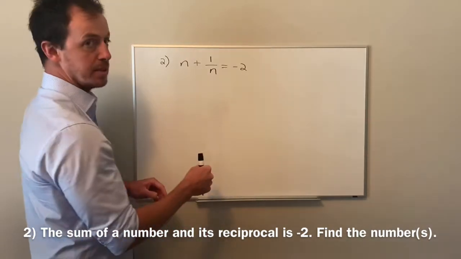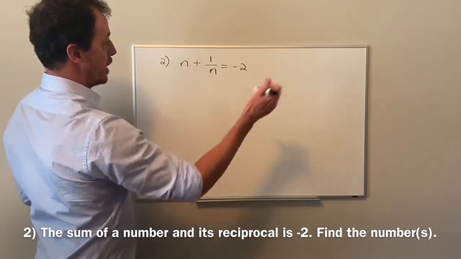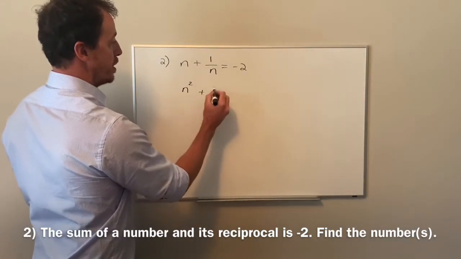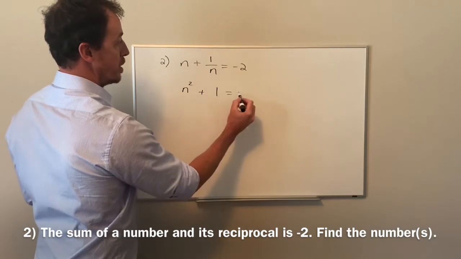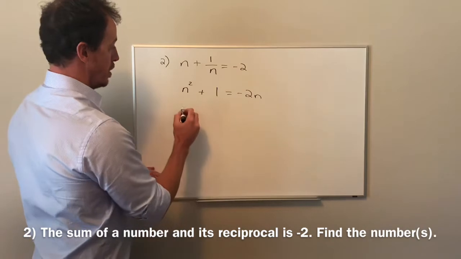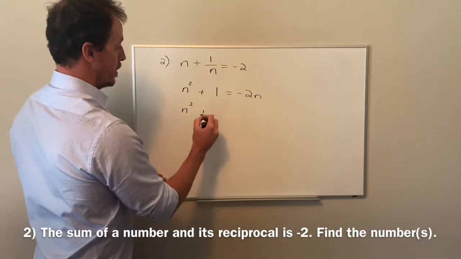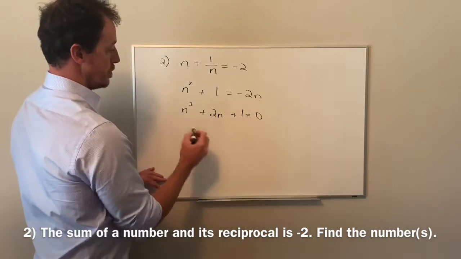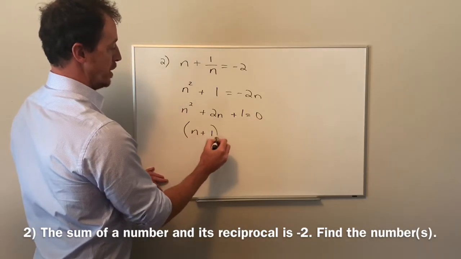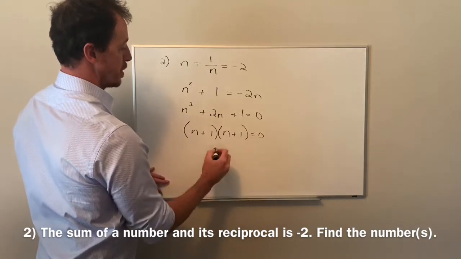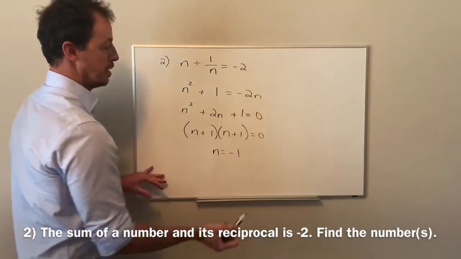And so now I'm just going to do the same thing that I did on that last one. I'm going to multiply everything by n. When I do that, that becomes n squared. That just becomes 1. That becomes -2n. Now I'm going to make this thing equal 0. This will factor to be n plus 1, n plus 1. And so my answer is just -1.